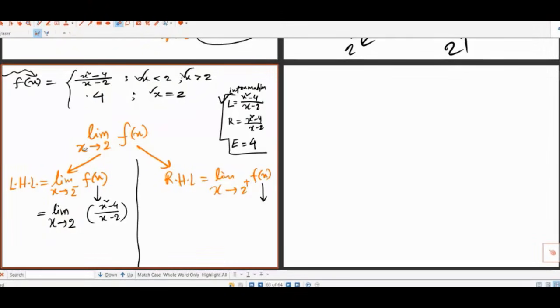We can skip the negative sign. Similarly, for limit x tends to 2 plus, the function is the same one, x squared minus 4 over x minus 2. So we have found our rightward function. We can skip this plus sign. Now the main part is to solve this limit.